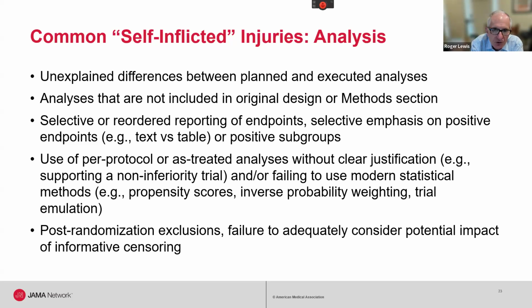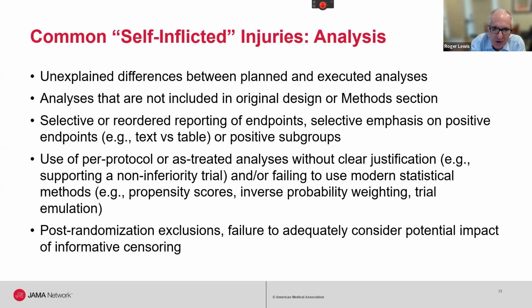And then in settings in which you need to be adjusting for confounding using modern statistical methods, such as propensity scores or inverse probability weighting or target trial emulation. If you're in one of those settings because you're using an observational data set, failure to do that is a real problem. Sort of naively analyzing observational data as if they had come from a randomized trial is problematic. This is a bit of a fine point.